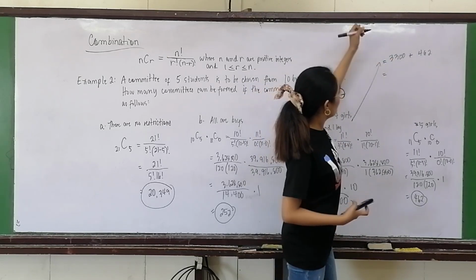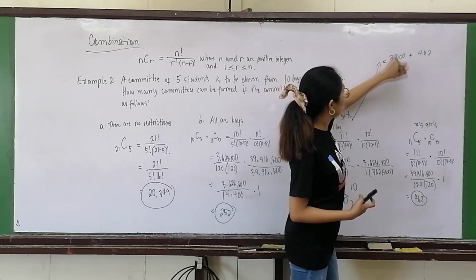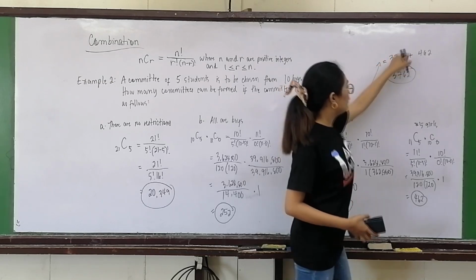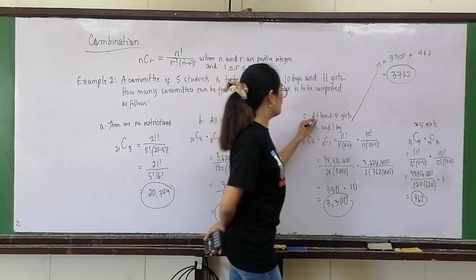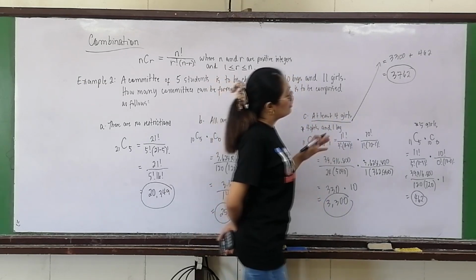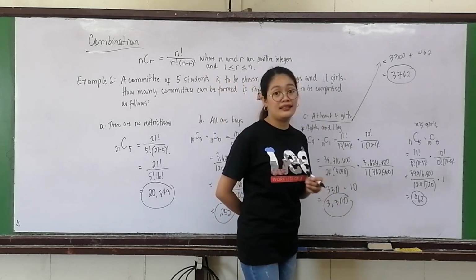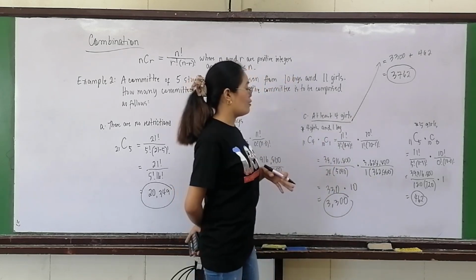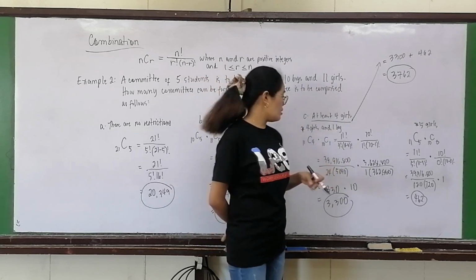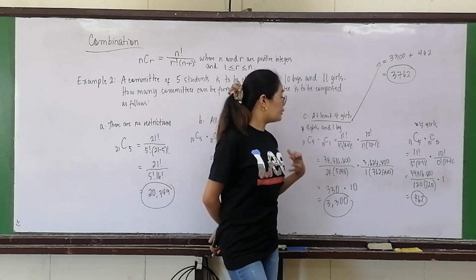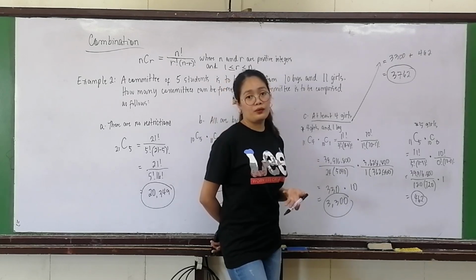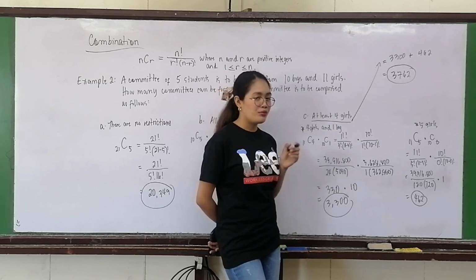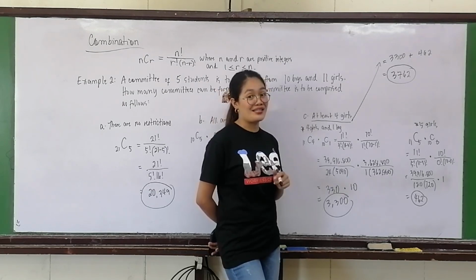This is equal to 3,762 combinations for a committee with at least 4 girls. This involves having a committee with 4 girls and 1 boy, or a committee with all girls. We will now proceed to our next and last example.